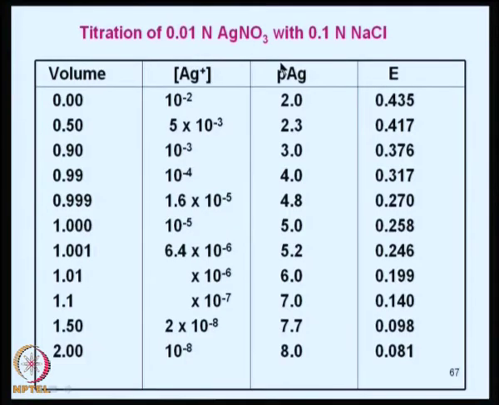Now, take the titration. Look at this, I have made a table similar to an acid base titration. I have put Ag plus and pAg, that is negative log of Ag plus, and E, and then I have put 0.00, 0.9, 0.999, 1.00, 1.1 and 2 etc., and you are going to get 0.435, 0.417, 0.376, 0.317 and 0.270.